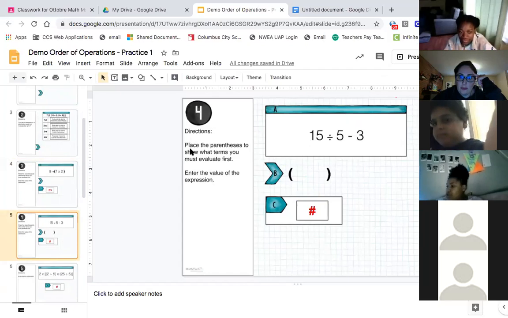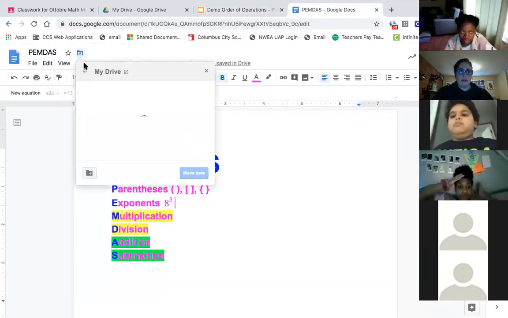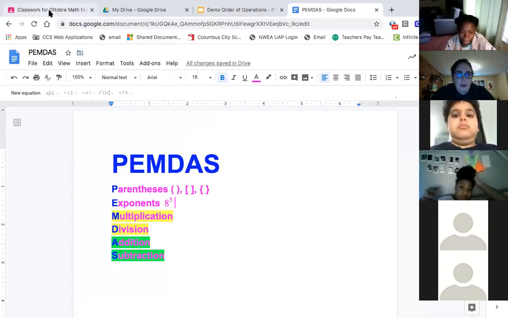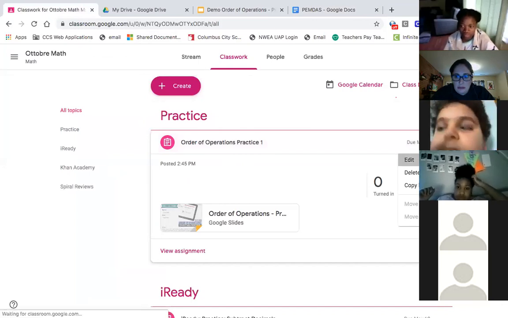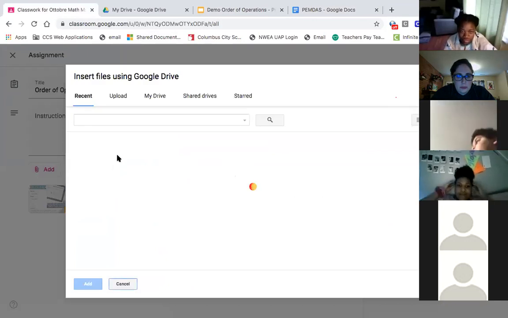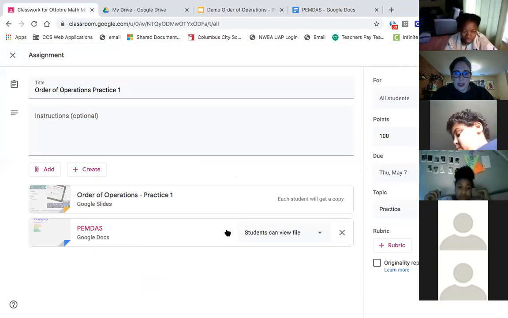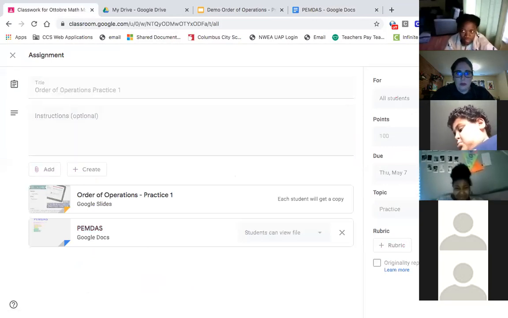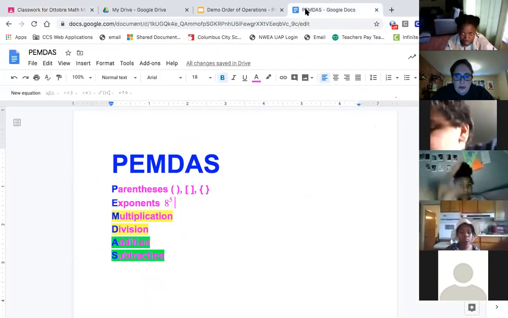Okay, so place the parentheses to show what terms you must evaluate first. So I have division and I have subtraction. If I go back to PEMDAS, I'm going to add this to this assignment so students can view it. That's attached there now too, so you always have access to this.